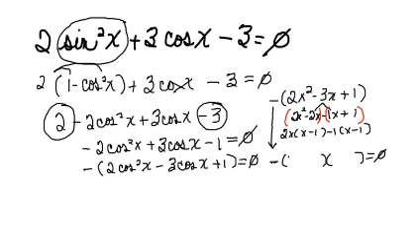All right, very good. Now we can take a look at this, and we have 2x minus 1 and x minus 1, which means x is going to equal a positive 1/2, and x is going to equal 1.